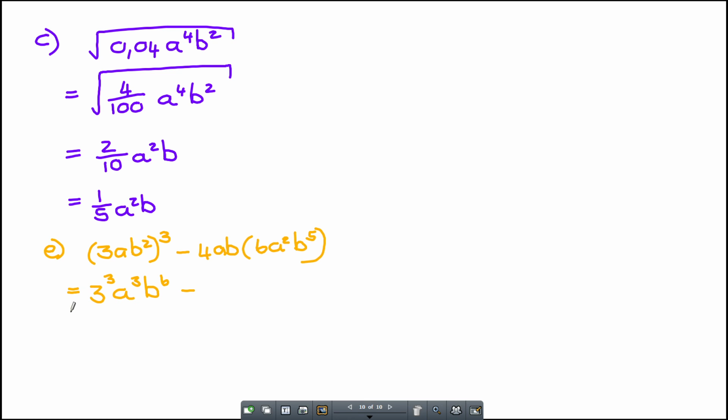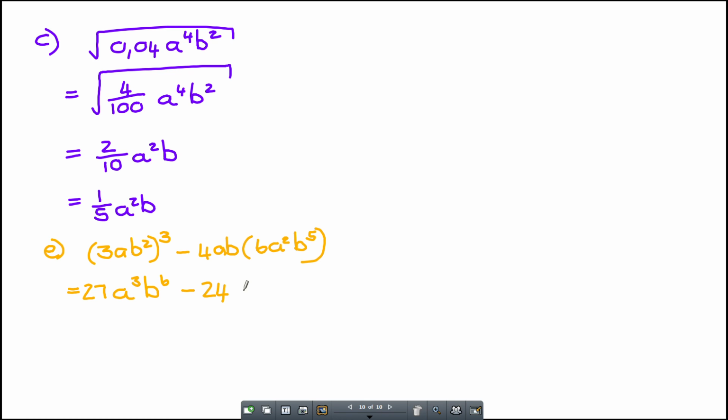I'm going to simplify. Can I skip directly to this being 27? Yes, that's what I did when I just put 27. Okay, so minus 4 times 6.